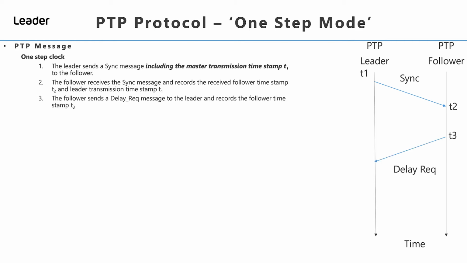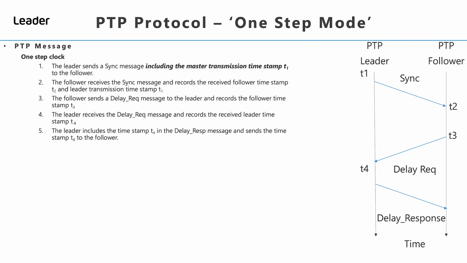The follower sends a delay request message to the leader and records the follower timestamp T3. The leader receives the delay request message and records the received leader timestamp T4. The leader includes the timestamp T4 in the delay response message and sends it to the follower.